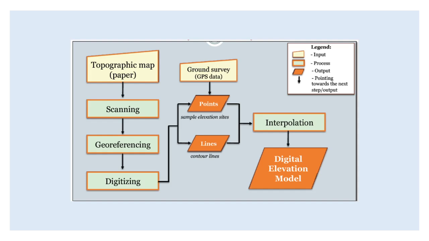You find those ground control points, input the lat long information, and thereby you can georeference this topographic map in GIS software like ArcGIS or QGIS. Thereby you get a georeferenced digitized image of that topographic map.